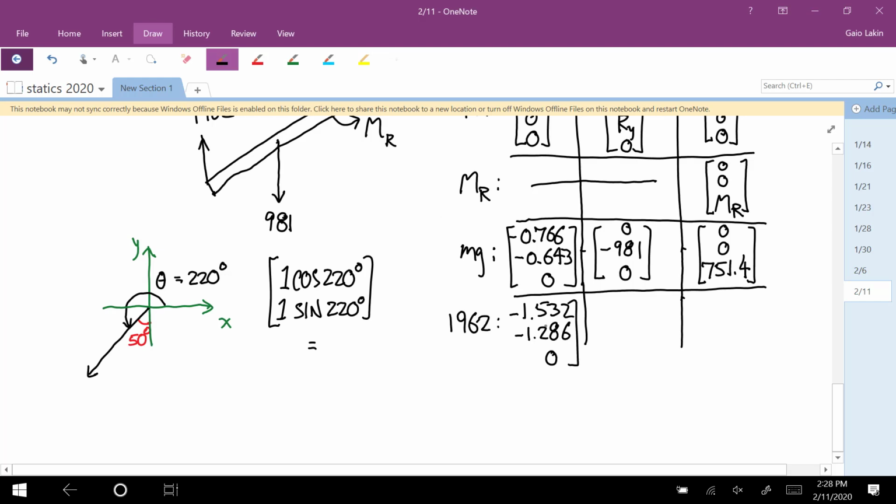And then 0. The weight force is 0, positive 1962, 0. And the cross product is 0, 0, and then a z component of negative 3790.6.